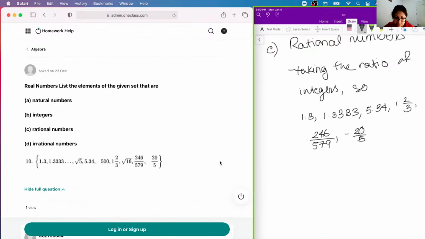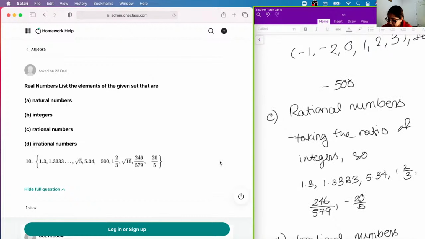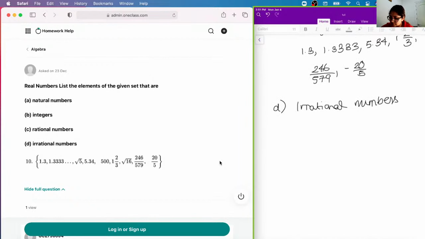The last one is irrational numbers. Okay, I also think negative 20 over 5, which is also equal to negative 4. This would also be, in this case, irrational number.